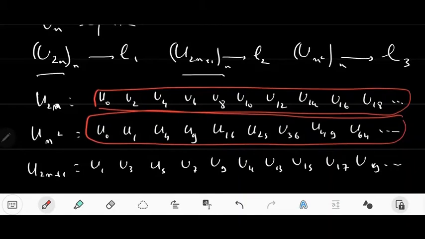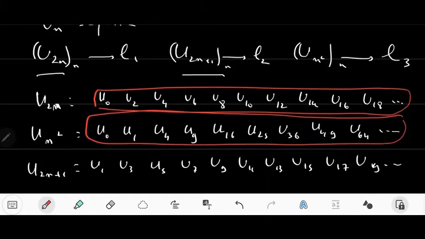So if we are able to take a subsequence from u2n and another subsequence from u_{n²} such that these two subsequences are the same, it means that the first subsequence will be converging to L1, the second one, which is the same as the first one, will be converging to L3, and since the limit is unique, then L1 will be equal to L3.